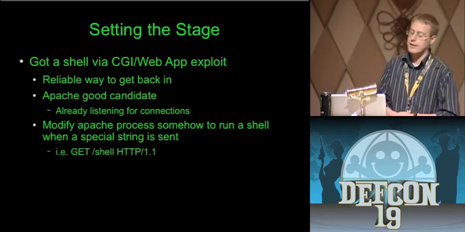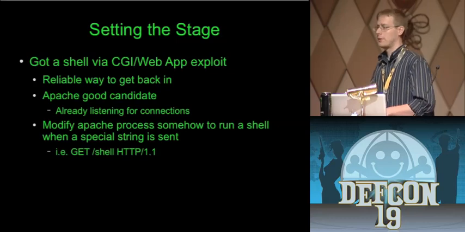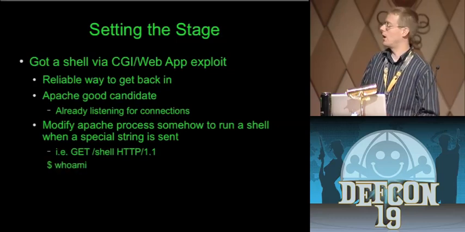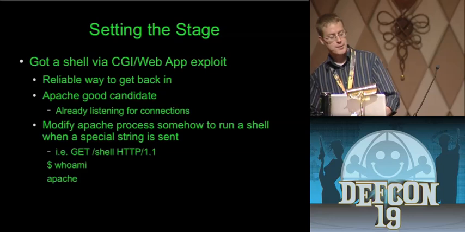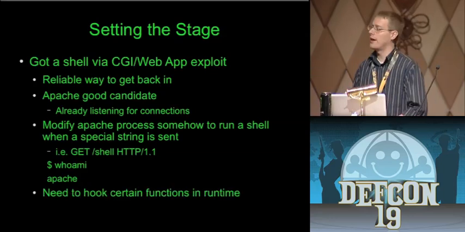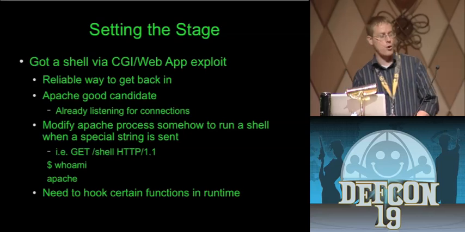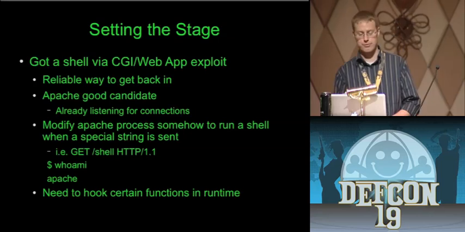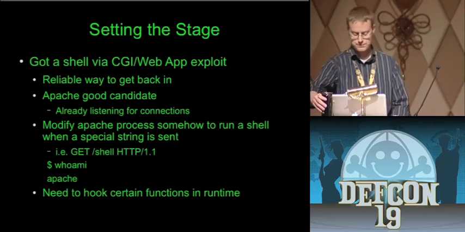So when I send it GET /shell HTTP/1.1, it's going to drop me into a shell. If I run the whoami command, it's going to say Apache. In order to accomplish that end goal, I need to hook certain functions at runtime. And there are some current techniques to getting your shellcode stored and run.